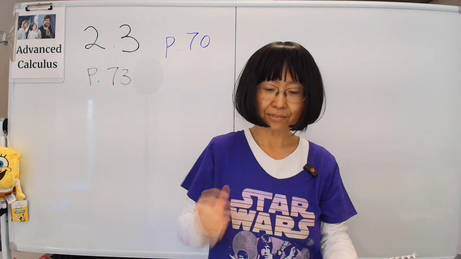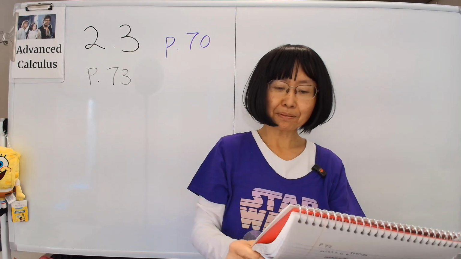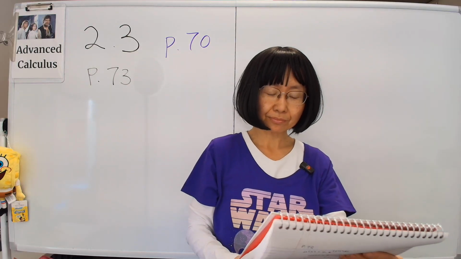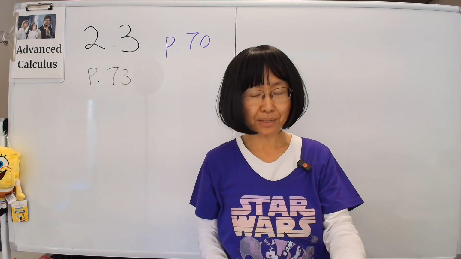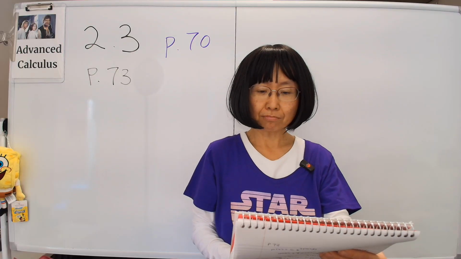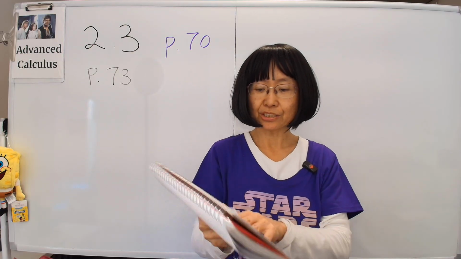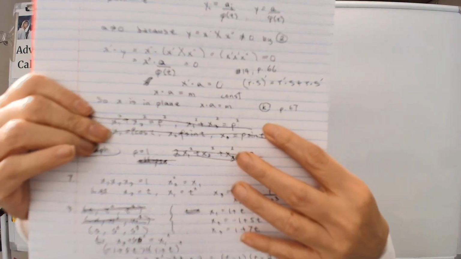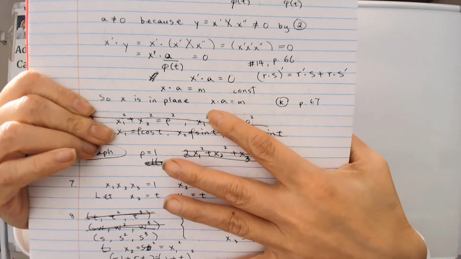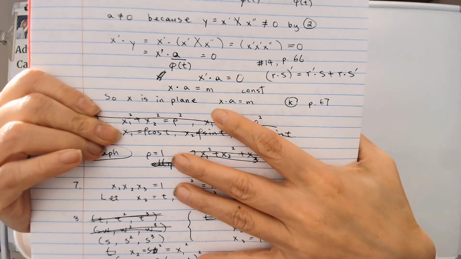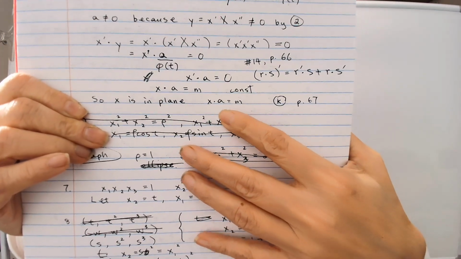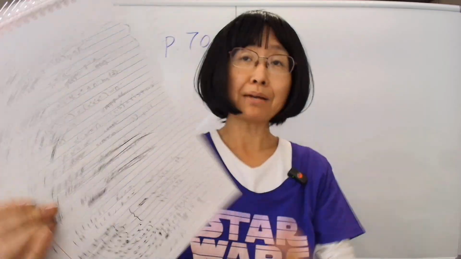And so the plane, that means X has to be in the plane, and because condition K on page 67 gives the plane, anything that looks like a plane looks like this: X dot A equals M, where M is some constant.